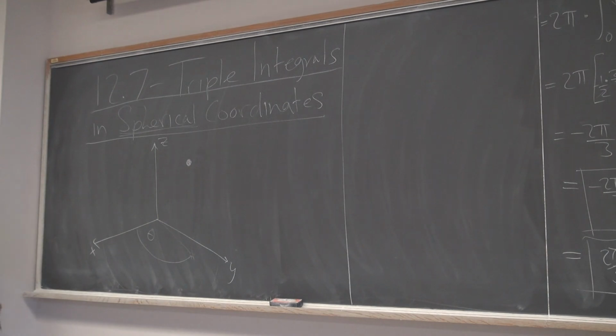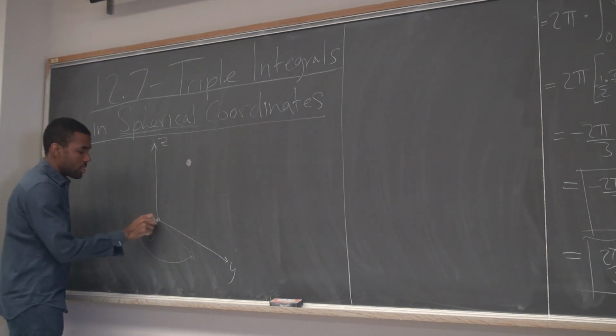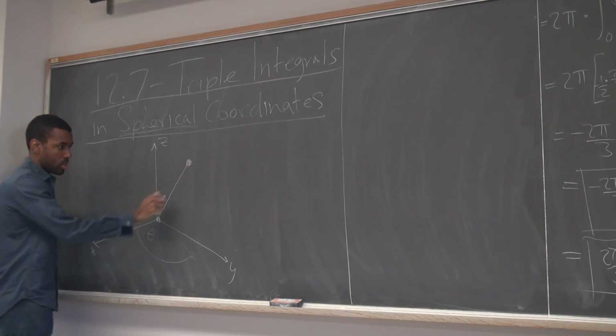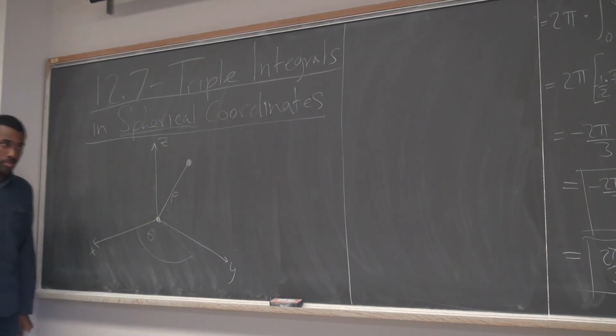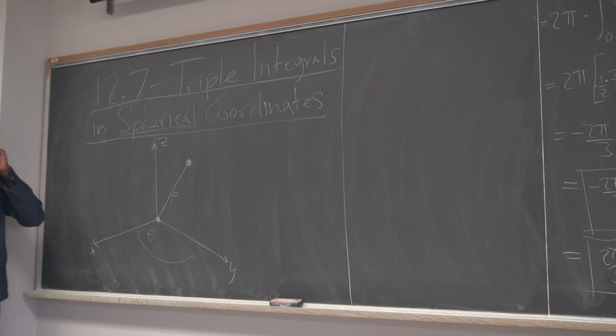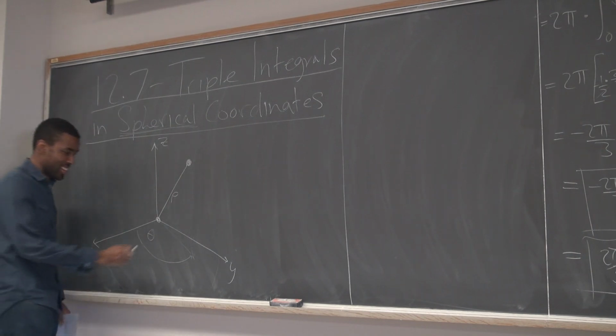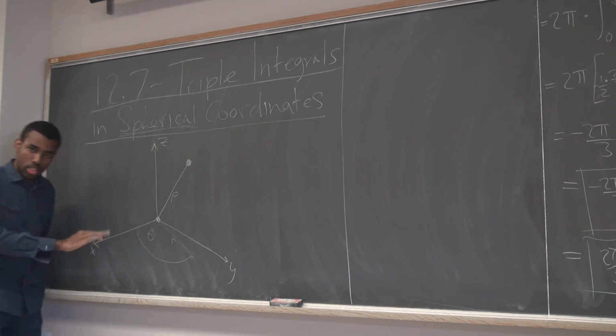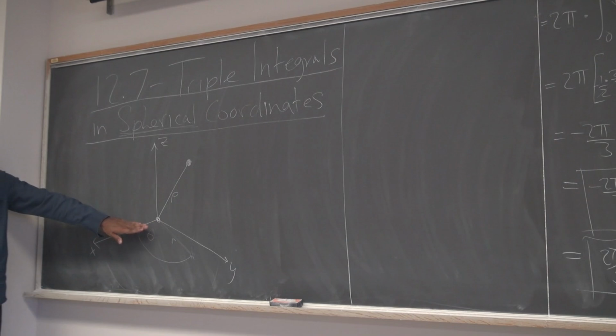So the distance from the origin to that point, we're going to call it rho. So we're looking at another radius, right? It's not the radius in the xy plane, which is still r, by the way. It's just the same theta from polar coordinates.